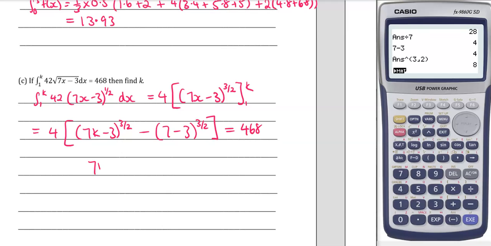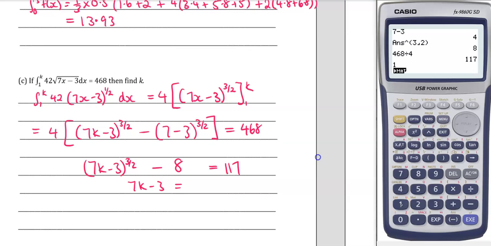Okay, so 7k minus 3, 3 over 2. This bit just here becomes 8. Let's do 468 divided by 4. It's 117. So then if we do 117 plus the 8, and then do it to the root 3 over 2.